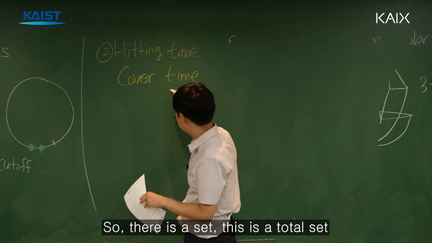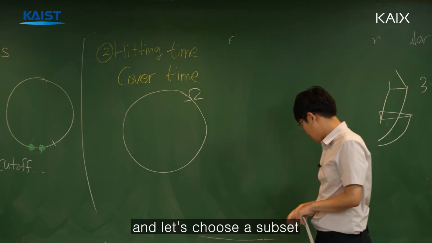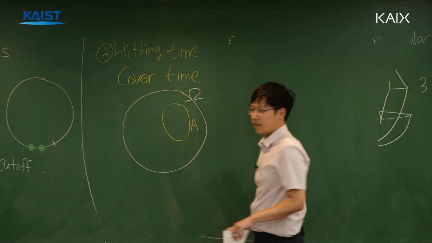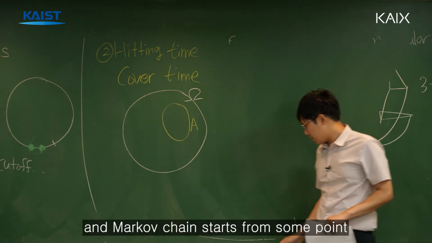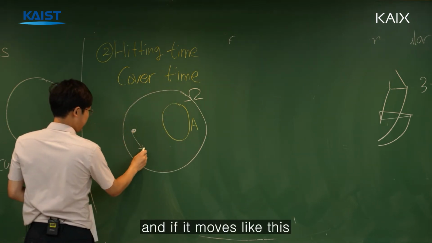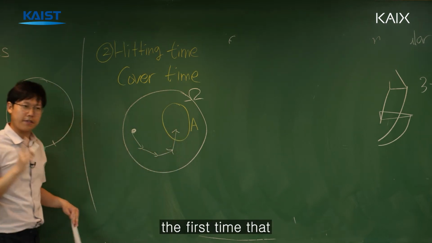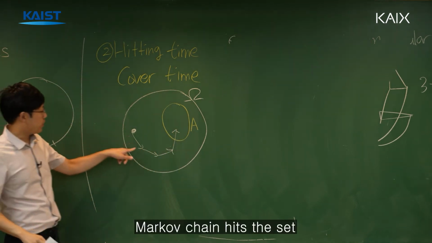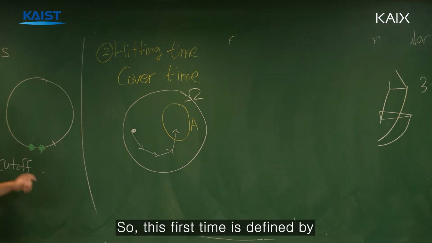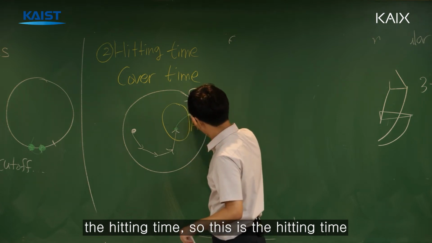There is a total set, and let's choose a subset A. The Markov chain starts from some point and moves like this. One can consider the first time that the Markov chain hits the set. This first time is defined as the hitting time.